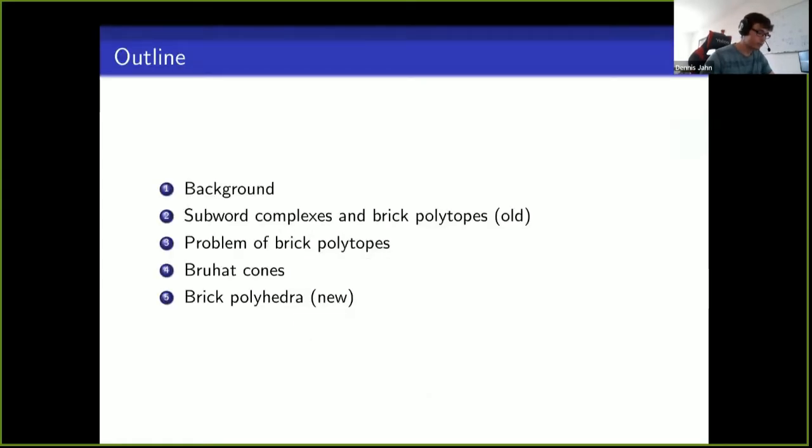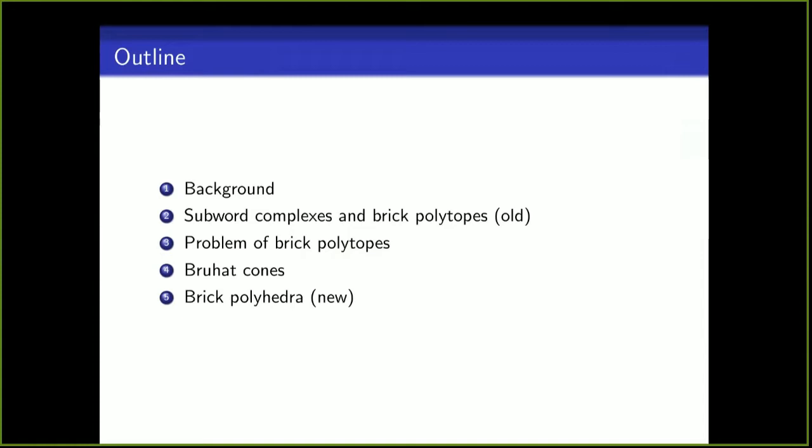Okay, let me start by telling you what we are going to do. I first give a little background on Coxeter groups and Bruhat order and fix some notation here. I'll then define the subword complex and the brick polytope.